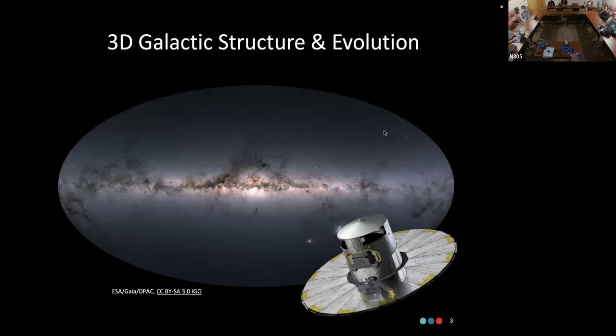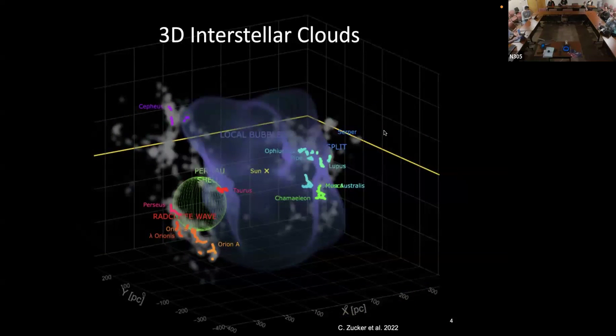In the past decade or so, recent observations, for example by Gaia, have greatly enhanced our understanding of the structure of the galaxy. We know that we are located in a local bubble, and this local bubble hosts a number of molecular clouds on the surface of itself, or on the shell.